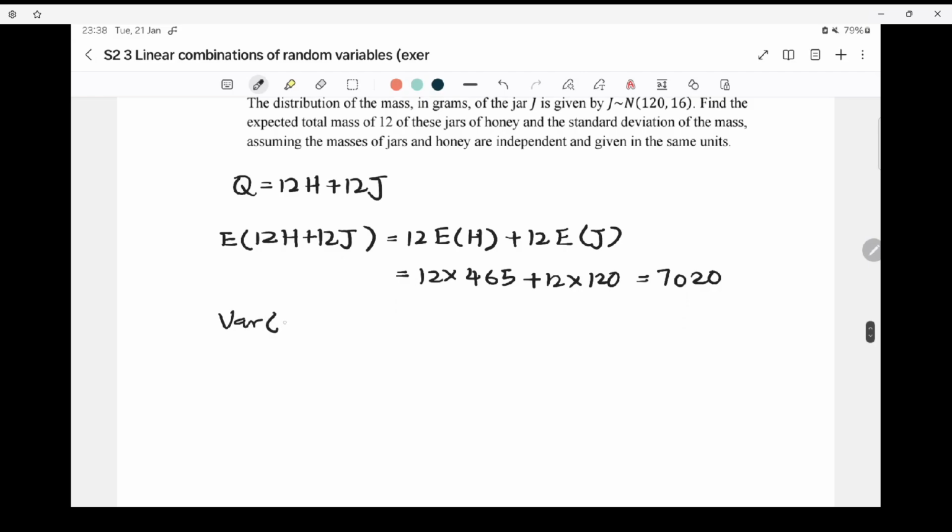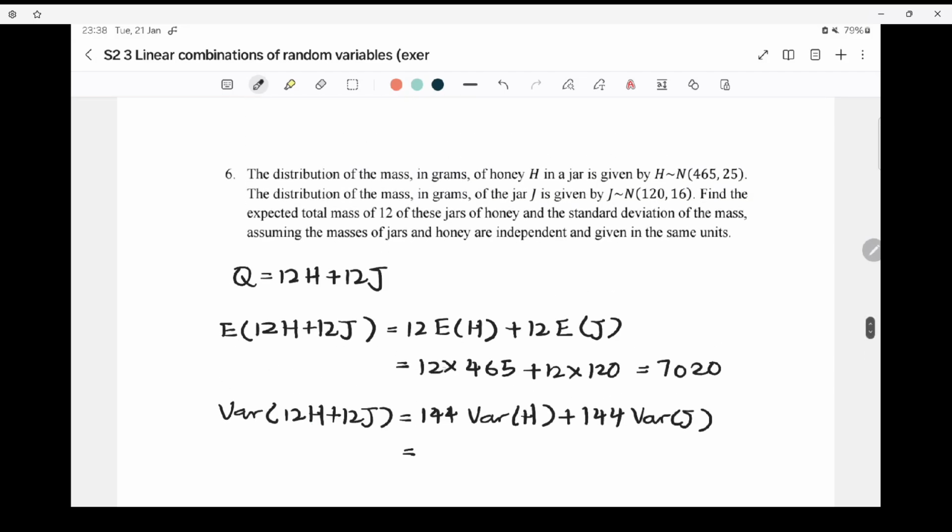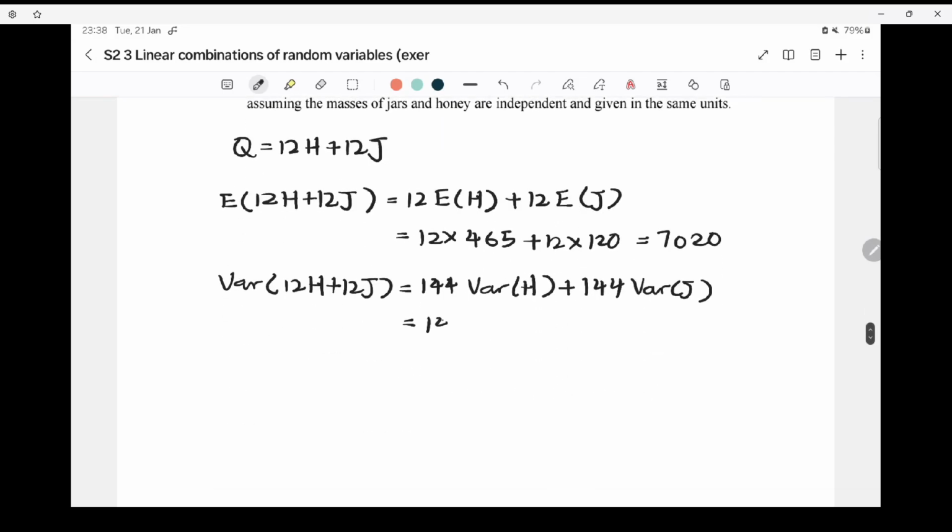The variance of this will be the square of 12, which is 144, times the variance of H, plus 144 times the variance of J. So this will be 144 times 25 plus 144 times 16.